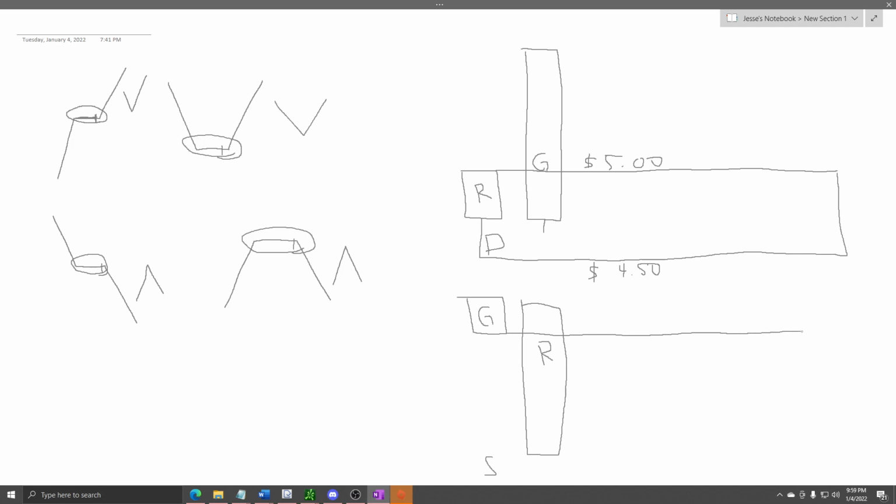This is going to be the start of my supply zone. And then let's just say this red candle's wick is higher than the green one's. I will use that as the end of my supply zone. Okay, and let's just say this is $3 and this is $3.50.